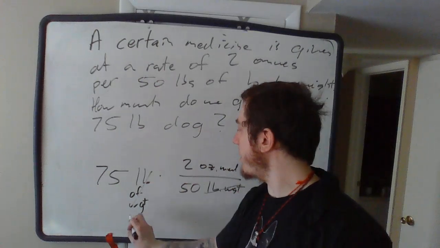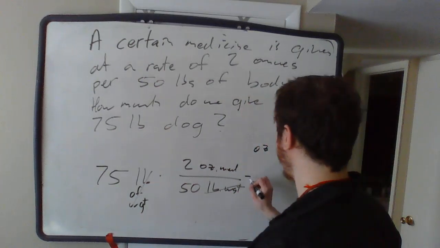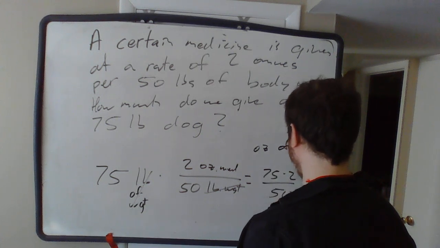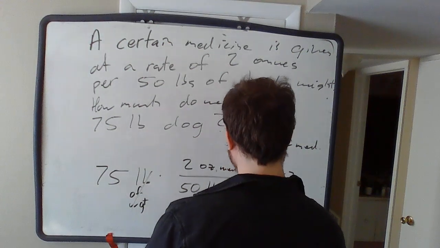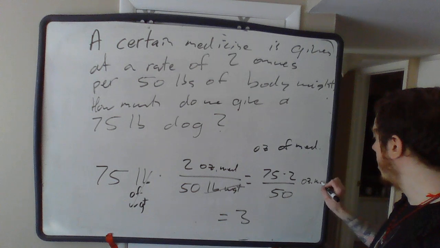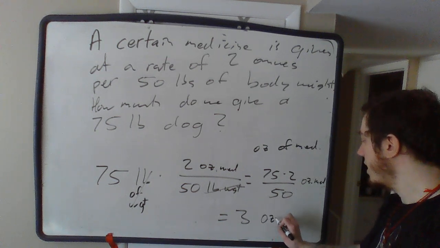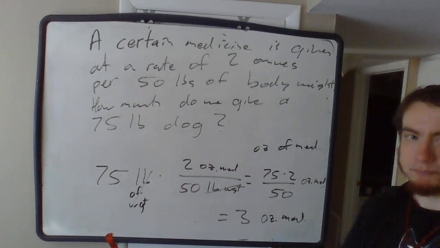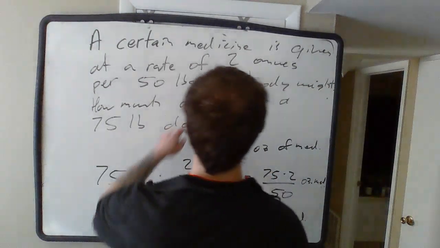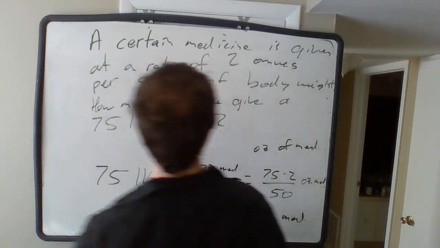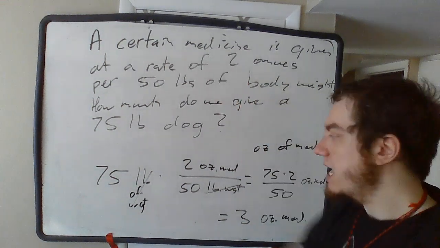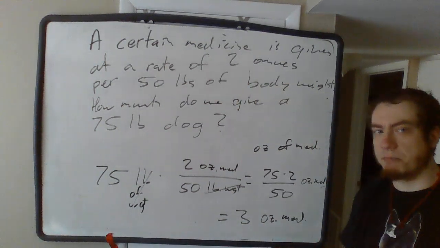So the pounds of body weight cancel out here, and we are left with 75 times 2 divided by 50. Well, this comes out to be 3, and the units here are the ounces of medicine. So we get 3 ounces of medicine. This is a fairly straightforward example because all you have to do is to multiply by this rate that you give the medicine, the dosage rate, in order to get it. Okay, so it's a fairly simple formula.